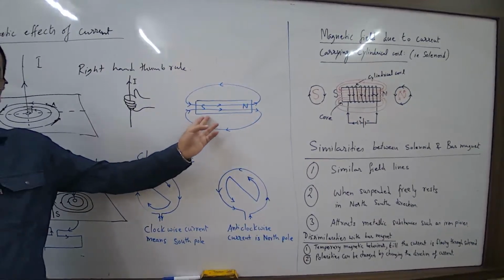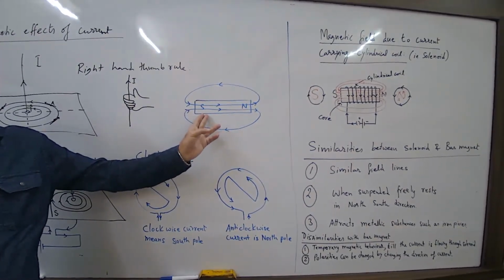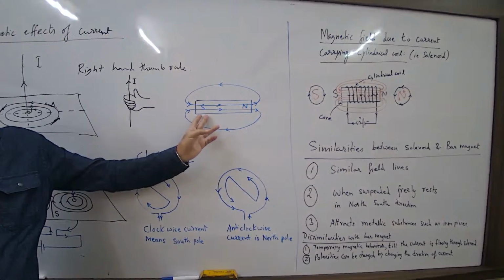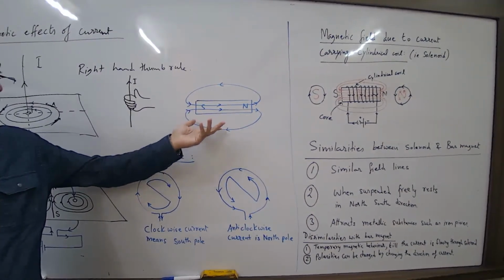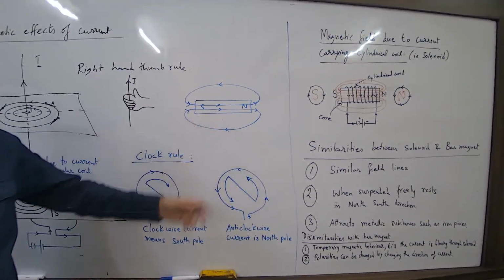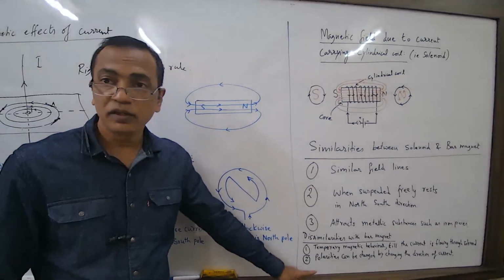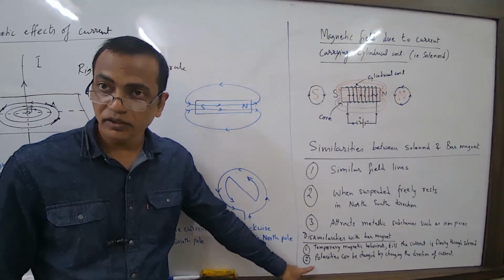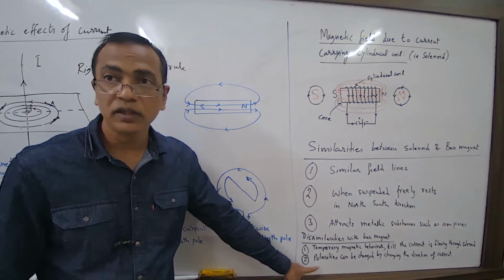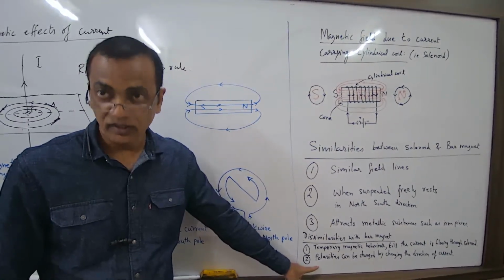Now, can we change the magnetic strength of a bar magnet? No. Whatever is its magnetic property, it will remain constant. Here we can increase the magnetic strength by increasing the current magnitude, number of turns, and by inserting core. Yes. Okay.